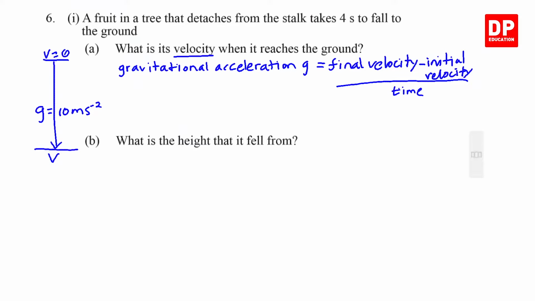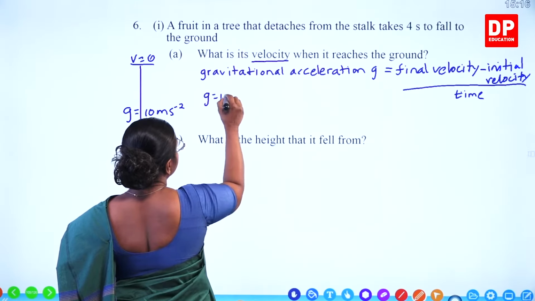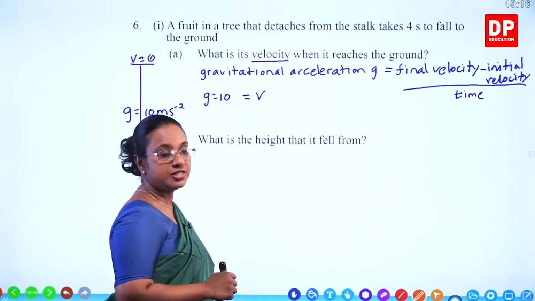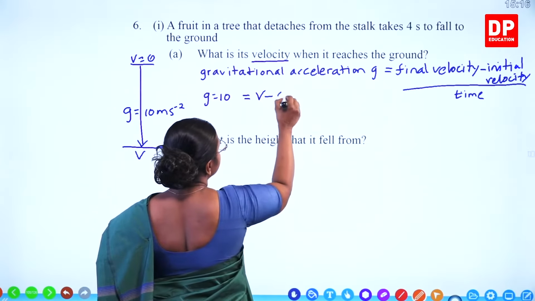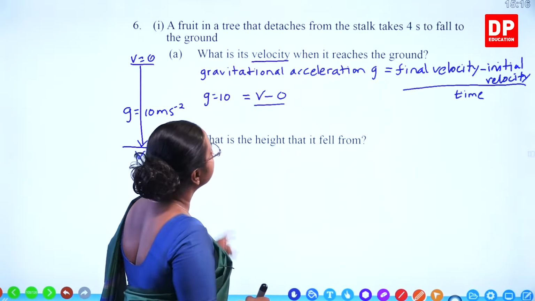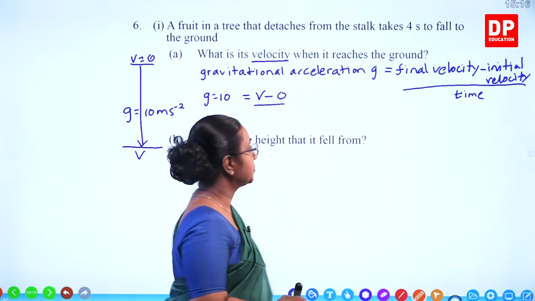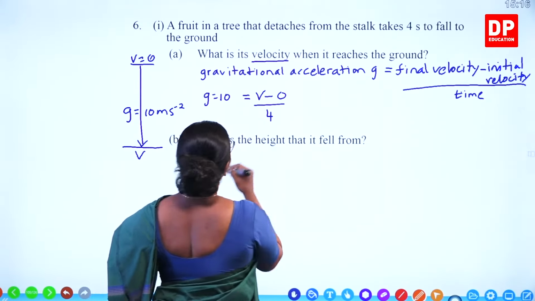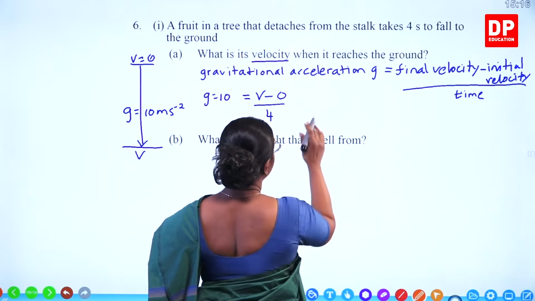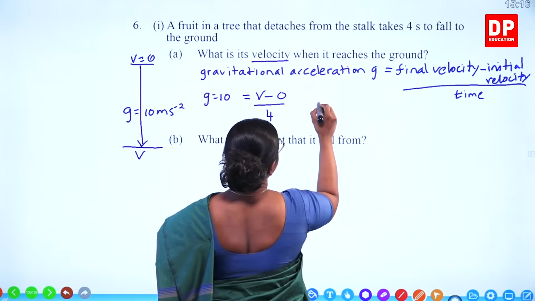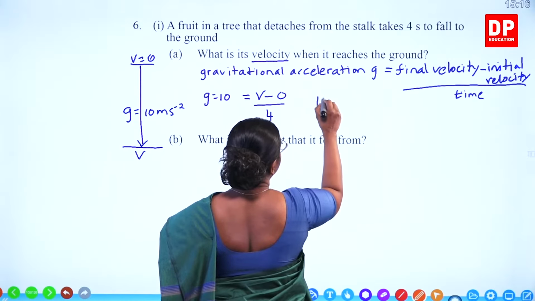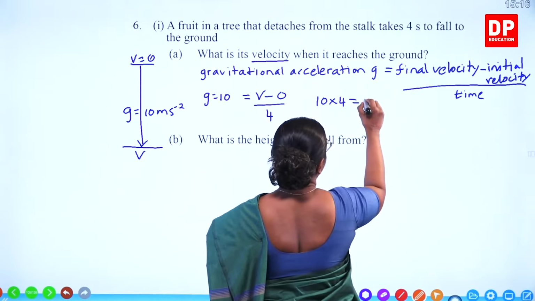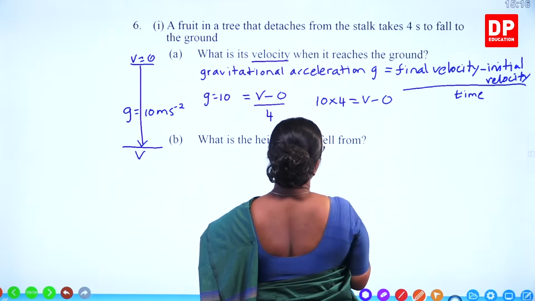So, here g equals 10, that is equal to the final velocity, V minus 0, and you already know the time, 4 seconds. When we rearrange this equation, you will have 10 into 4 equal to V minus 0.